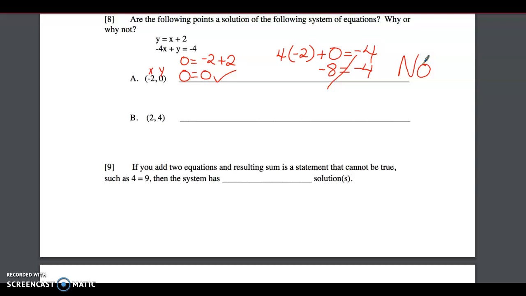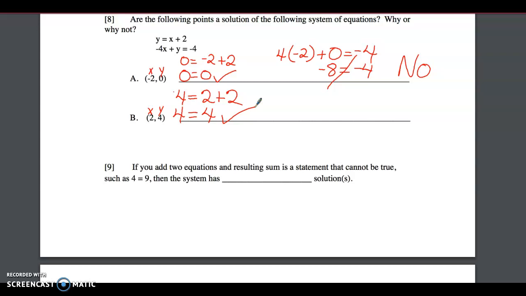Now, let's try our second point. Again, this is x, this is y. So 4 equals -2 plus 2. Well, -2 plus 2 is 0, so that's a check there.